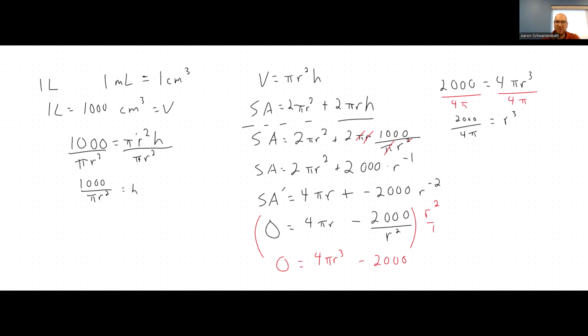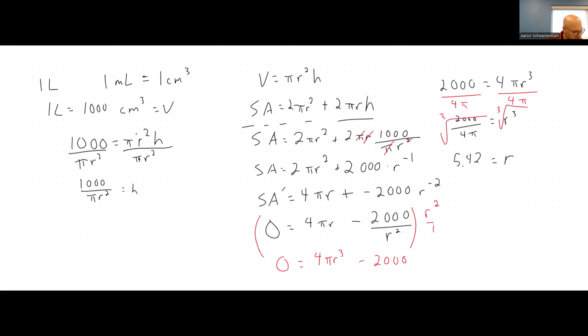Cube root, I don't need a plus or minus because cubes can be negative. And now I'll stick this whole thing into the calculator and get r is equal to 5.42.